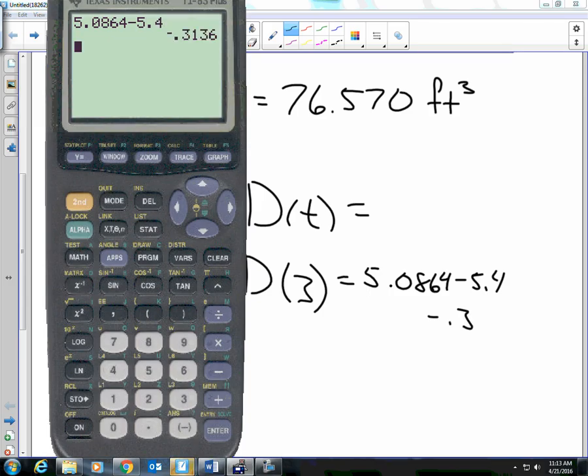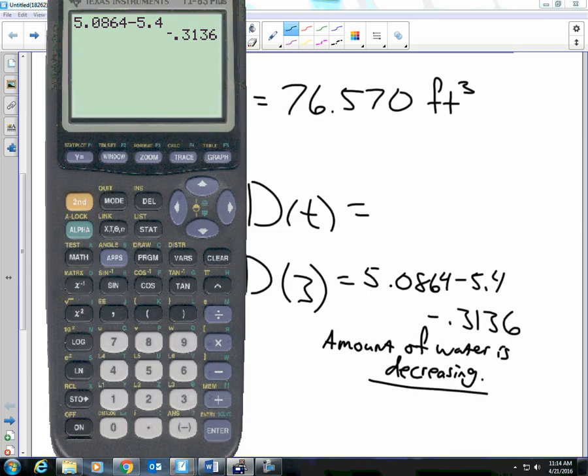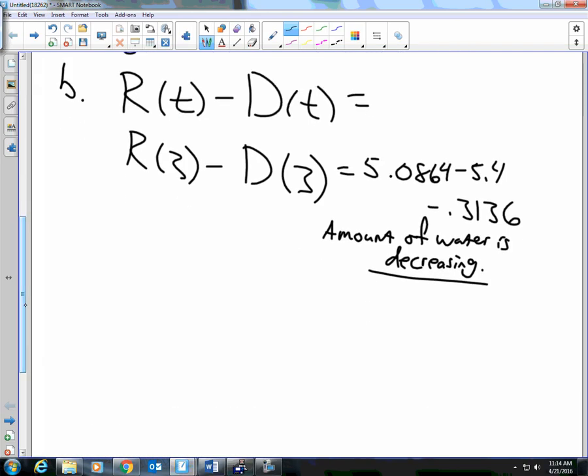Negative 0.3136. So therefore, the amount of water is decreasing. There we have it. This is your justification, your r of t minus d of t.